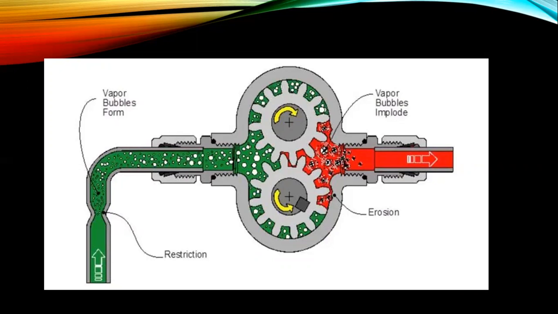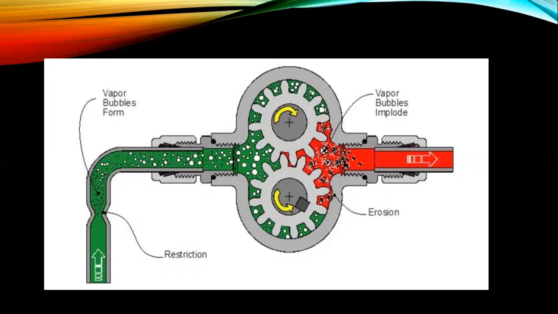I said the flow velocity increases in these regions, and because of this, pressure will decrease. In thermodynamics, we know that if pressure is smaller than the saturation pressure, then the fluid may start evaporating and vapor bubbles will occur.